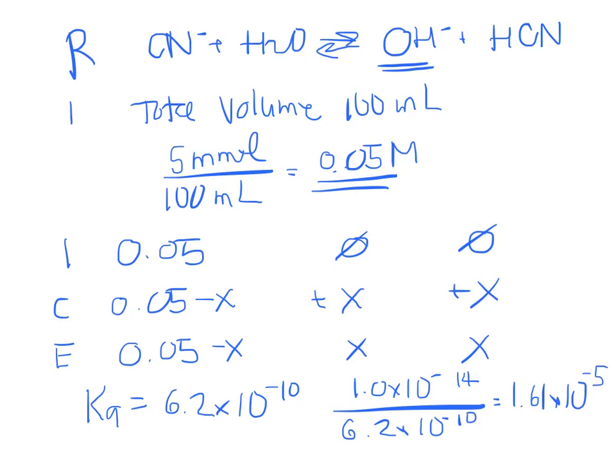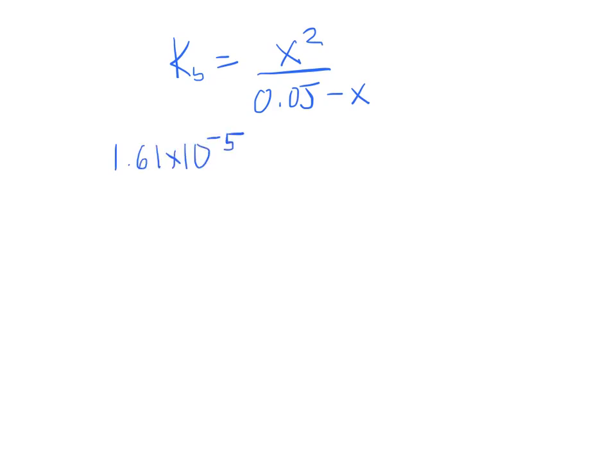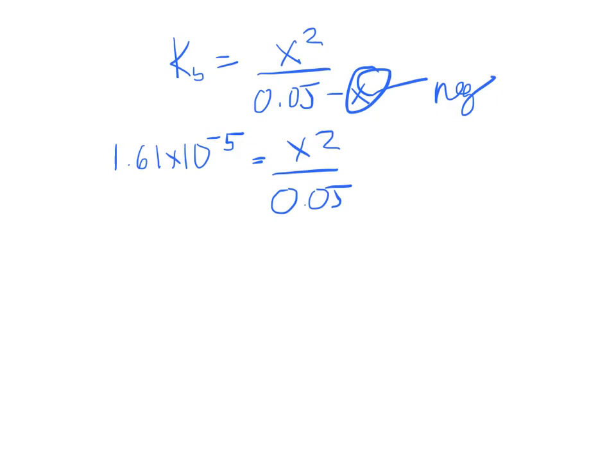Alright, we're almost there. Let me get a new clean page. Okay, so our equilibrium expression is going to be Kb equals x squared over 0.05 minus x, and our Kb, 1.61 times 10 to the negative 5 equals x squared over 0.05, and we know we could neglect x, so I'm just going to neglect it and cross multiply right here to get 8.05 times 10 to the negative 7 equals x squared.